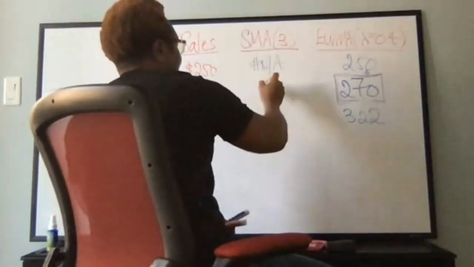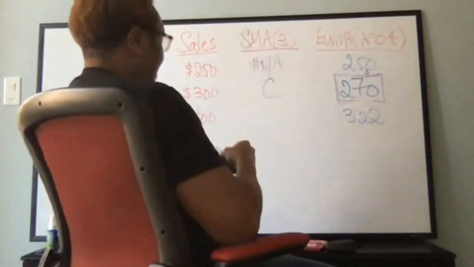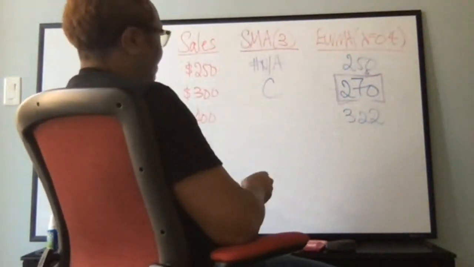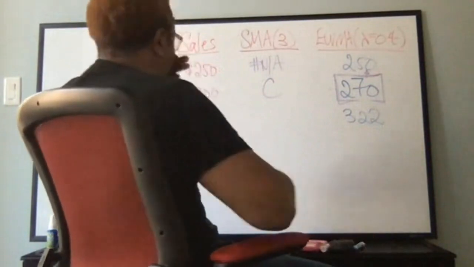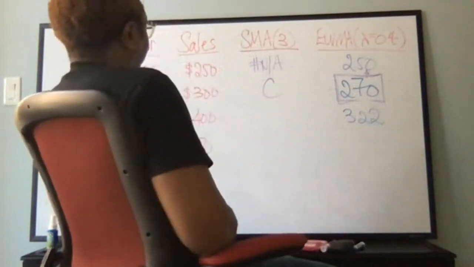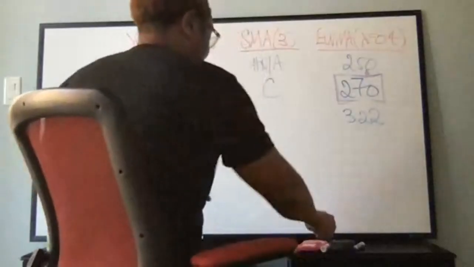But how do I get this answer? Let's say this is C. So how does this differ than what we did with WMA? How do I get this answer right here? For this, don't you would do like 300 plus 400 plus 150 and then divided by 3? Almost. Very good.